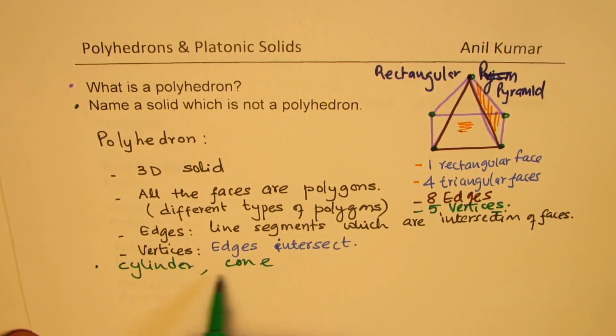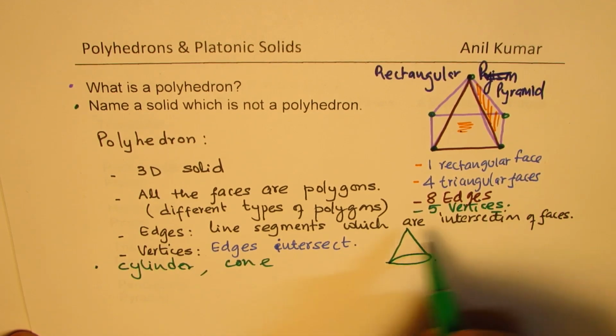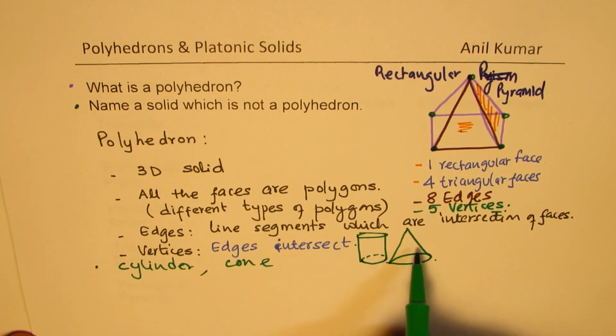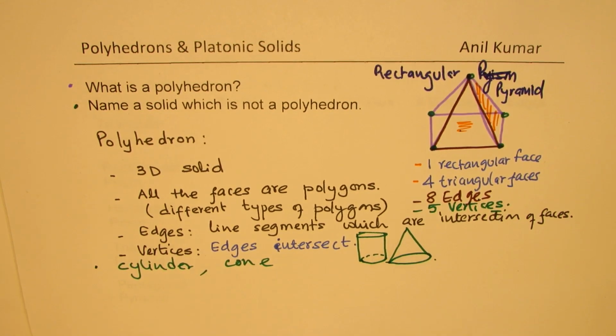Now these solids, as you can see, this is a cone, right? And then we have a cylinder, which I should draw first. The faces of cylinders and cones are not polygons. You have this circle here, correct? And the curved surface. These are not polygons, right?